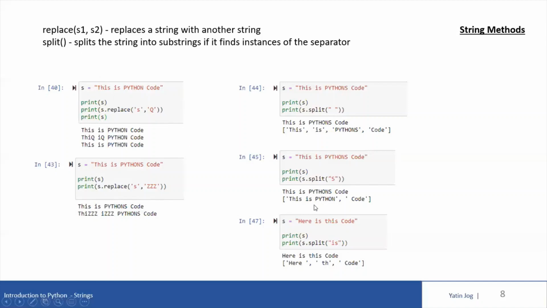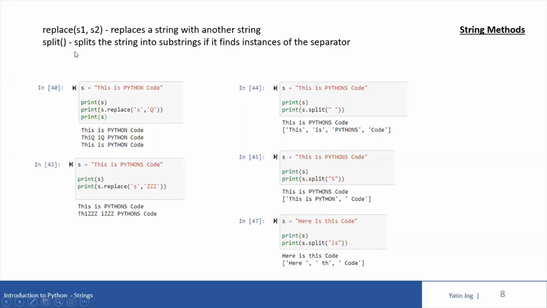Now we'll see a few examples for split. Again, consider one string variable with the value "This is Python's code". If I print the value of s, it will print the string as it is. Now you can see there are three white spaces inside my string. If I use the method s dot split, what is the separator?